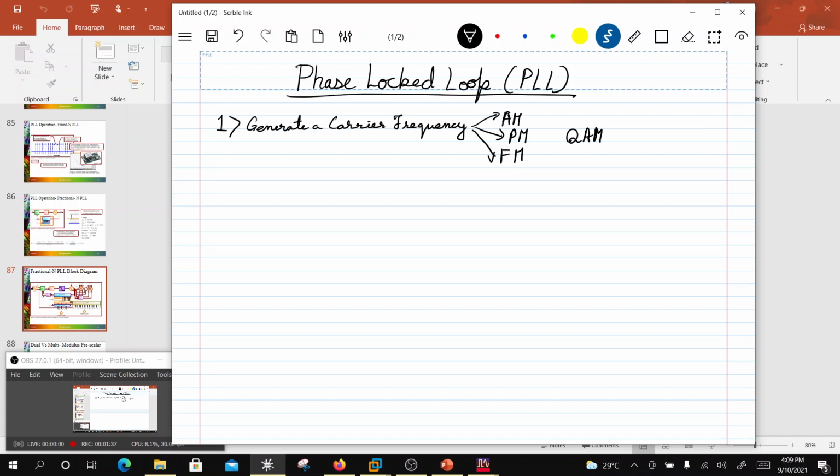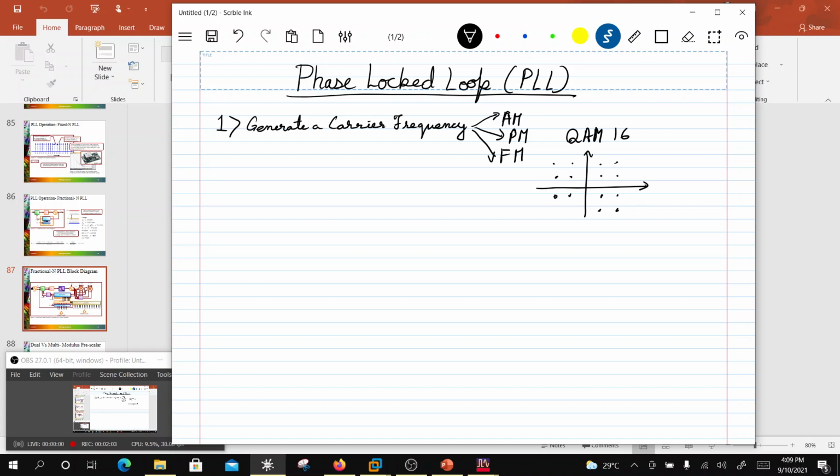In QAM, it's a form of phase modulation as well as amplitude modulation. If I consider a rectangular coordinate system, then a carrier is a phasor, right? And let's say we are talking about QAM 16, for example, then we have 16 bins. These are also known as symbols.